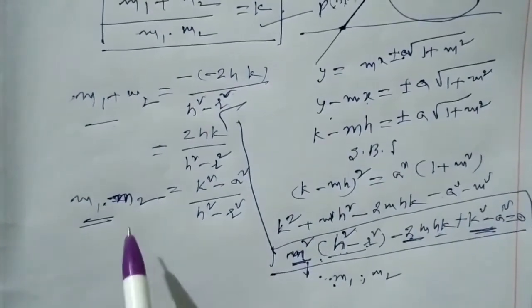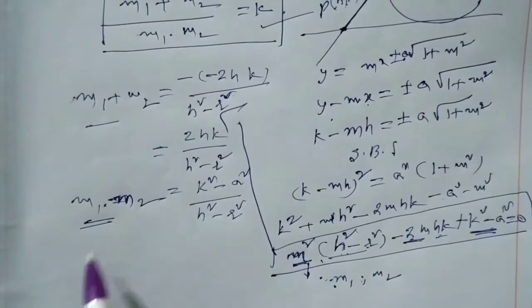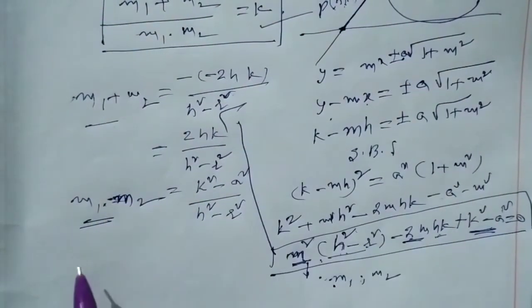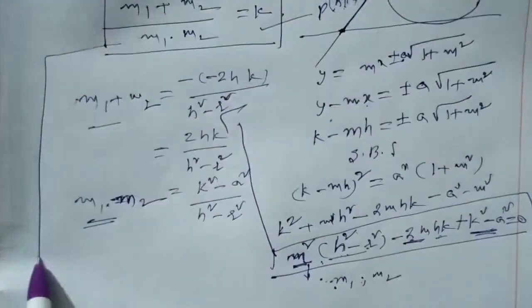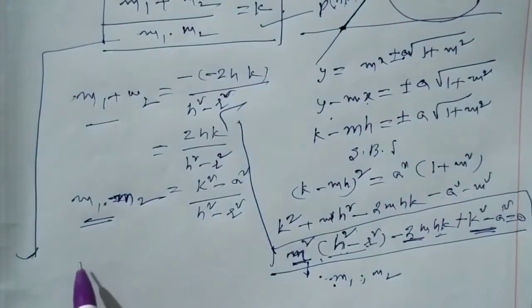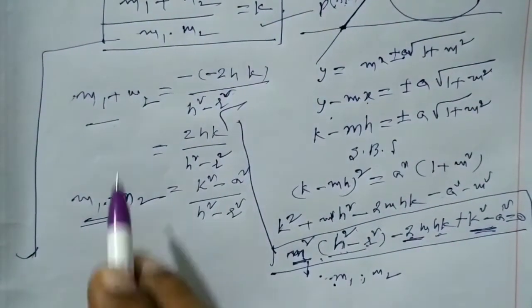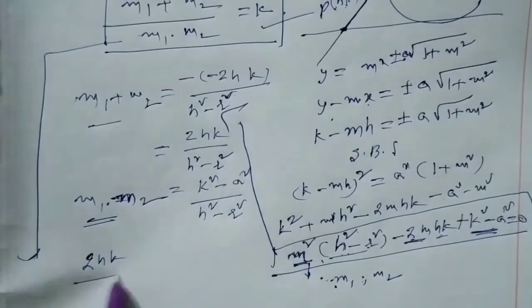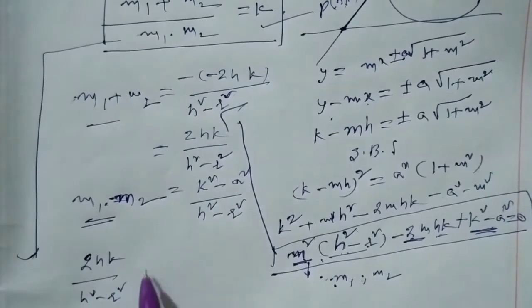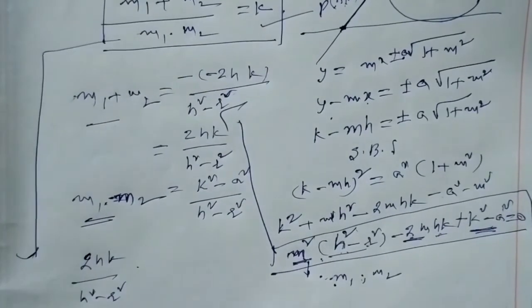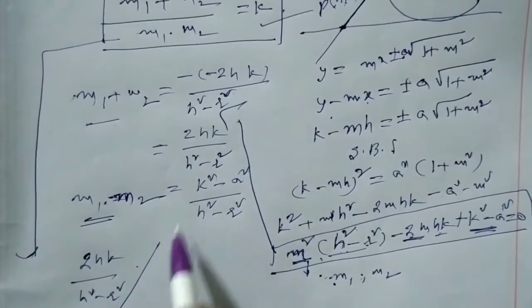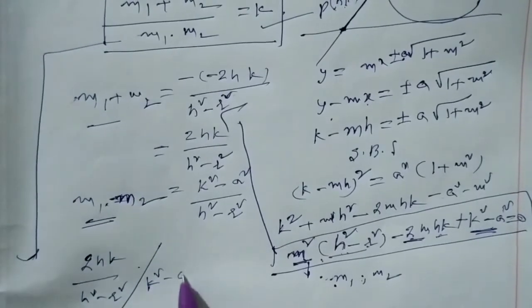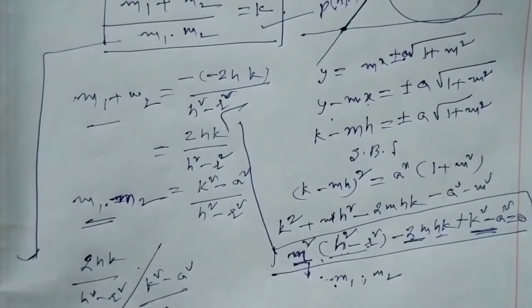Substituting these values, from equation 1 and equation 2, m1 plus m2 is equal to 2hk by h square minus r square, and m1 m2 means k square minus a square by h square minus r square.